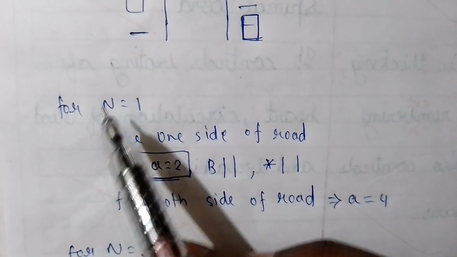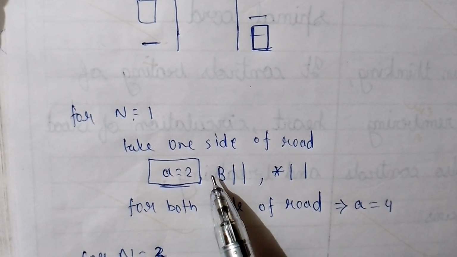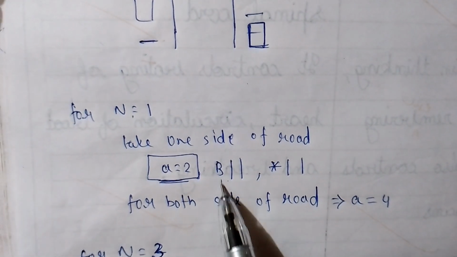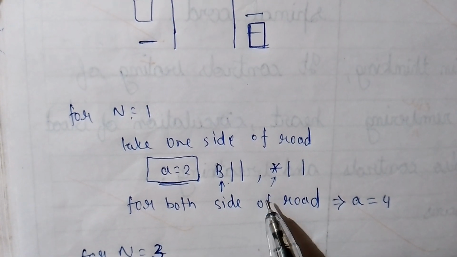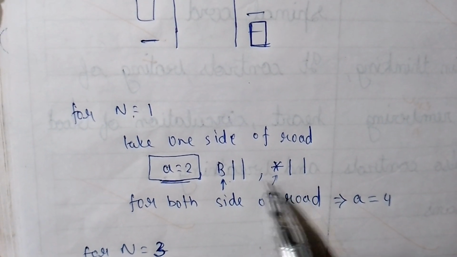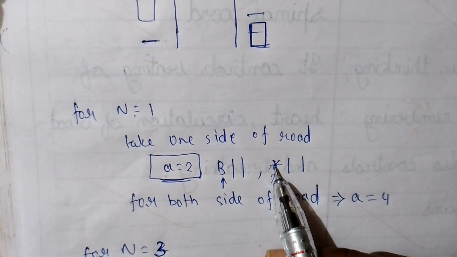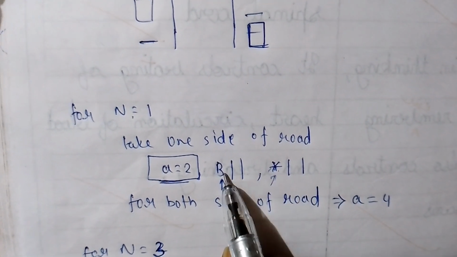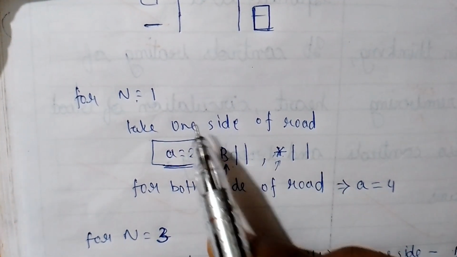If n equals 1, there is one plot, so what combinations can we make here? We can make the building or not make any building. That is the condition. The meaning of this is space, we are not going to make a building here. But here we notice that we have to make n plots on both sides.